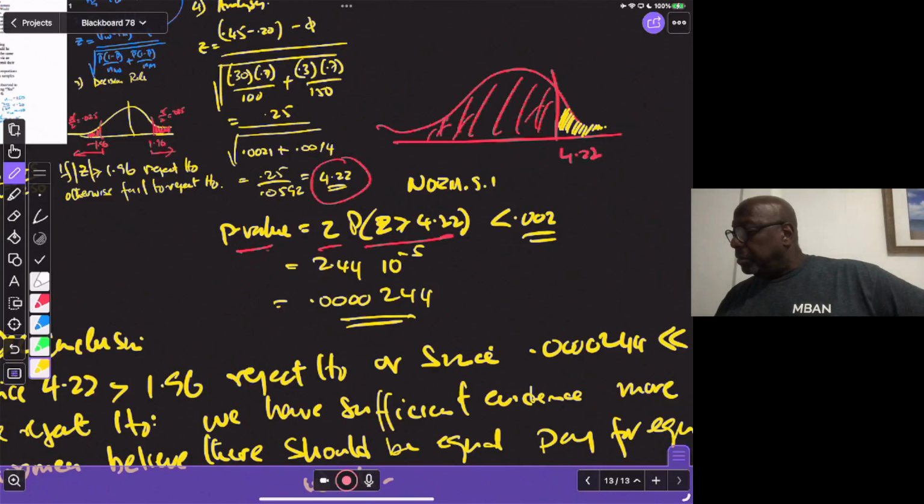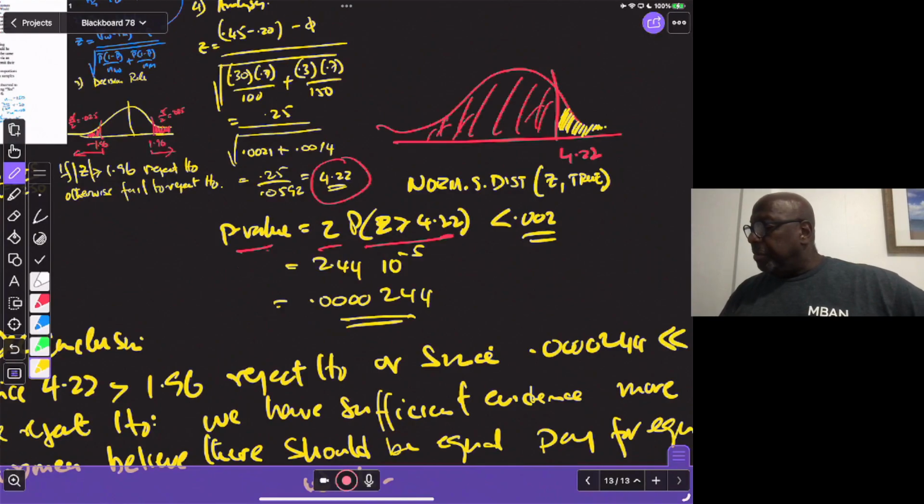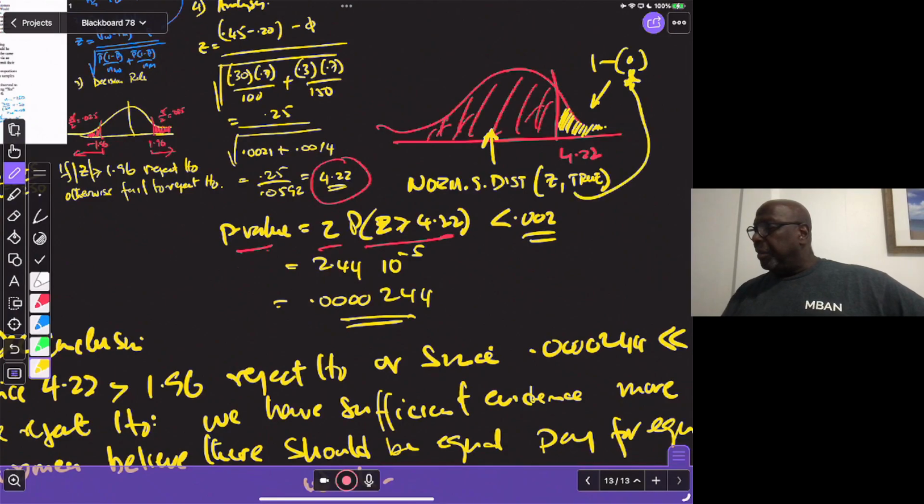It's norm.s.dist z, and if you put true, that will give us this area to the left. But if you want the area to the right, we have to go 1 minus whatever that value is, and that will give us the area to the right. Okay, so that's how we would use Excel to get the exact value if we wanted to.